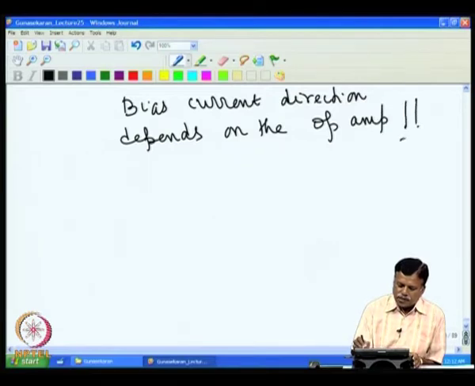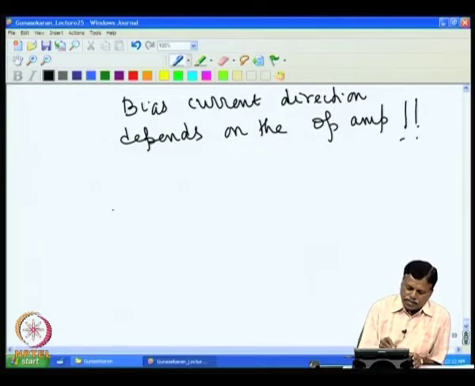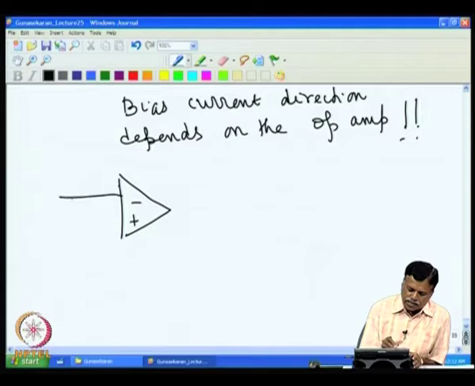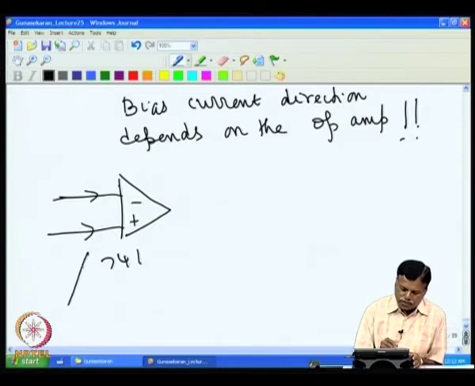This is a big surprise, because for example, if I take 741, the bias current actually flows inside.